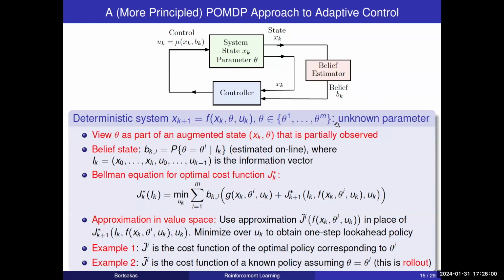Professor, I have a question. Okay. So parameter theta is only used to generate the augmented state given the x_k, right? Yes. So a known policy assuming theta equals theta i is basically, is theta itself a policy, or? Well, theta is a parameter.